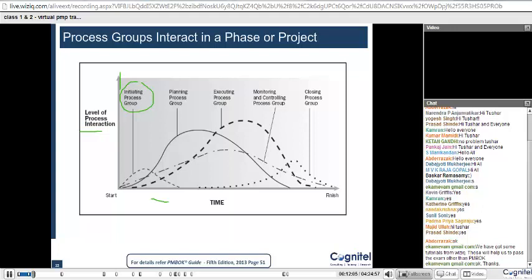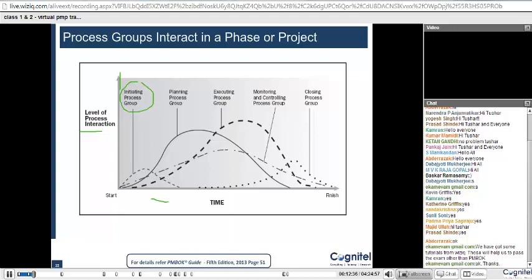Of course, some of the planning also starts, and some of the monitoring and controlling also starts at the same time. Once the project moves on and you have done a little bit of planning, you might start some of the execution, like hiring certain people or bringing some people onto the team. So that kind of execution work can start early in the project. But the highest level of interaction still remains with initiation.